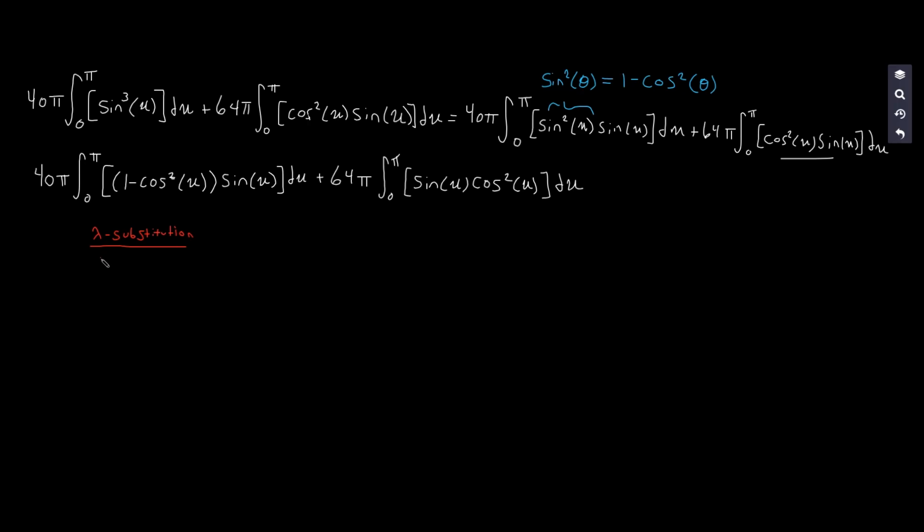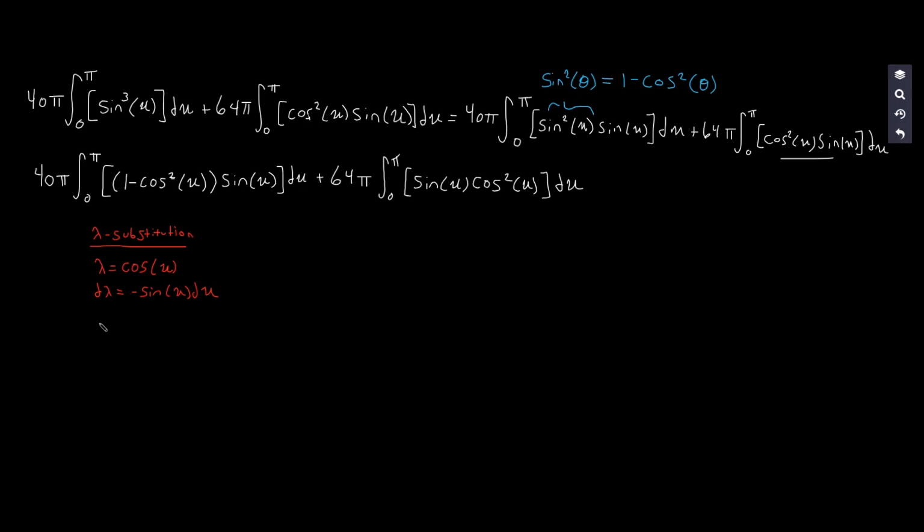If I set lambda equal to cosine of u, then the derivative d lambda equals negative sine of u du, but the issue is we don't have a negative sine of u. We have sine of u.